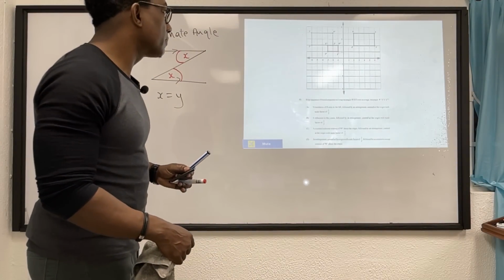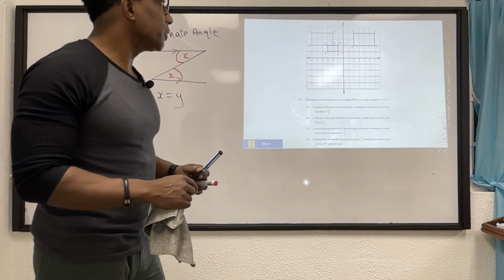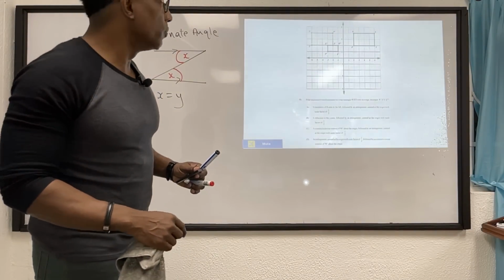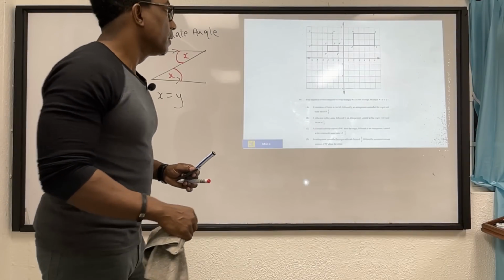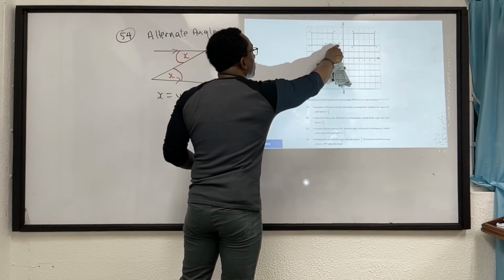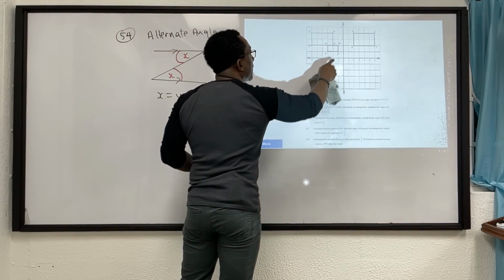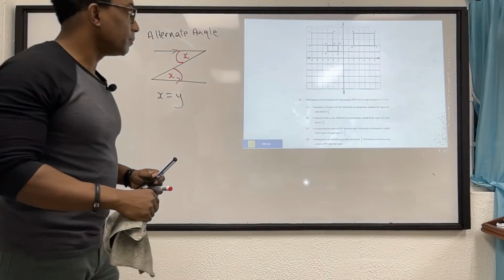What sequence of transformations will map rectangle WXYZ onto its image rectangle W double prime X double prime Y double prime Z double prime?